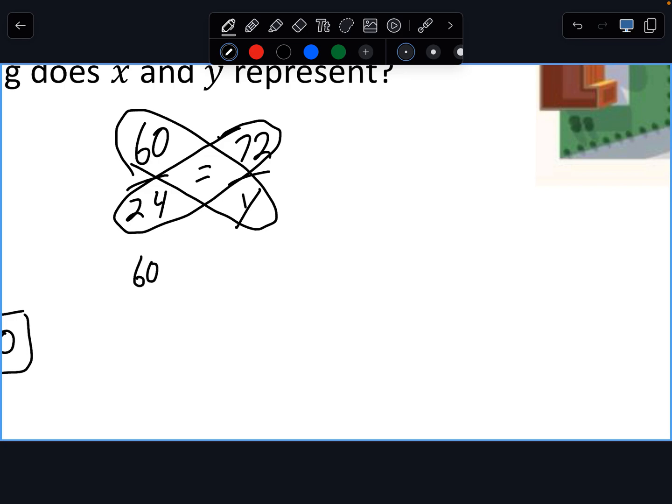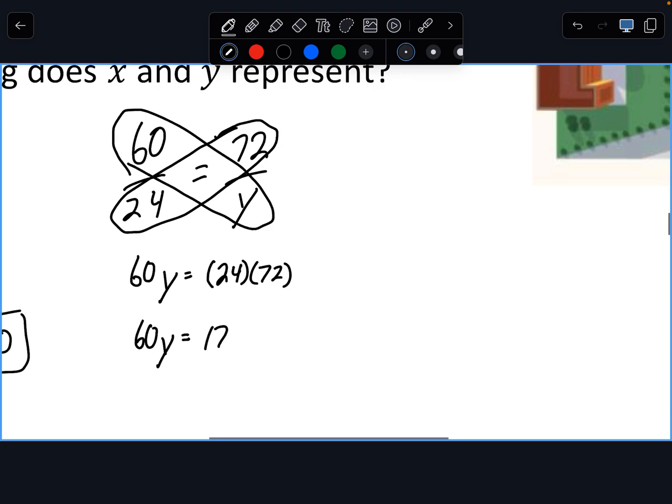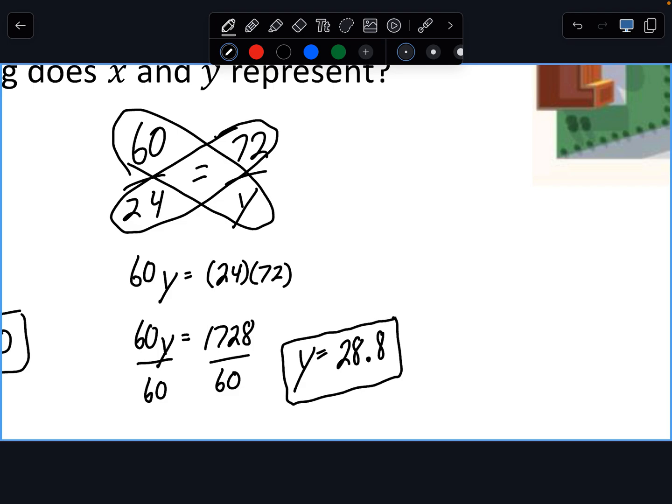And we're going to get 60 times Y equals 24 times 72. Do my multiplication. 24 times 72 is equal to 1,728. Then divide both sides by 60, and we get a y value of 28.8. So y is equal to 28.8. And we said that would be a decimal. And it is because the relationship, the scale factor, is not a whole number.